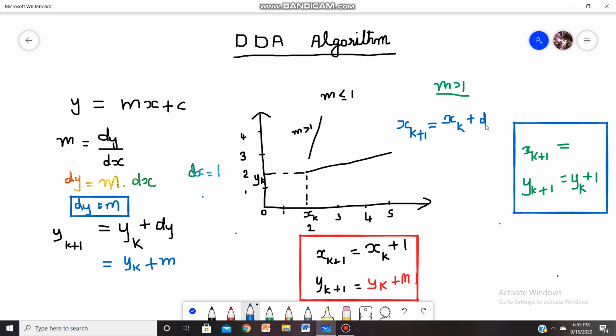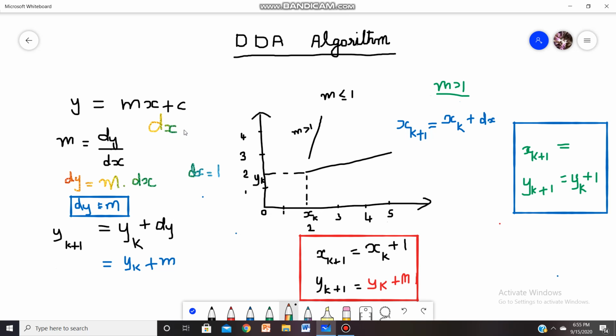Then I will take the same equation for finding the dx value. From this equation m is equal to dy by dx, how can I find dx?